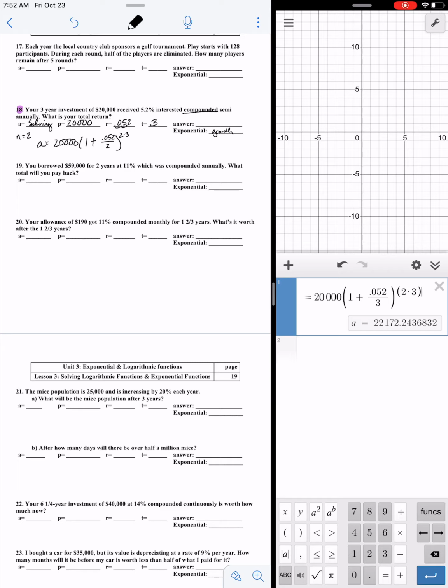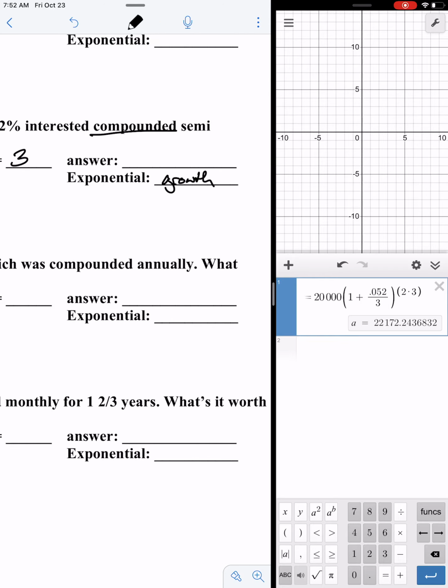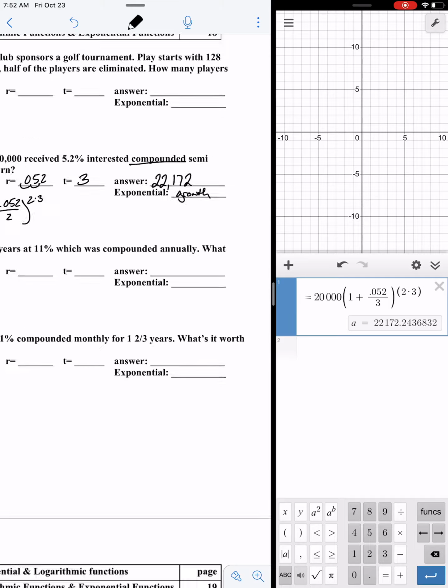So after 3 years, at 5.2%, compounding semi-annually with a $20,000 initial investment, I have a total of $22,172.